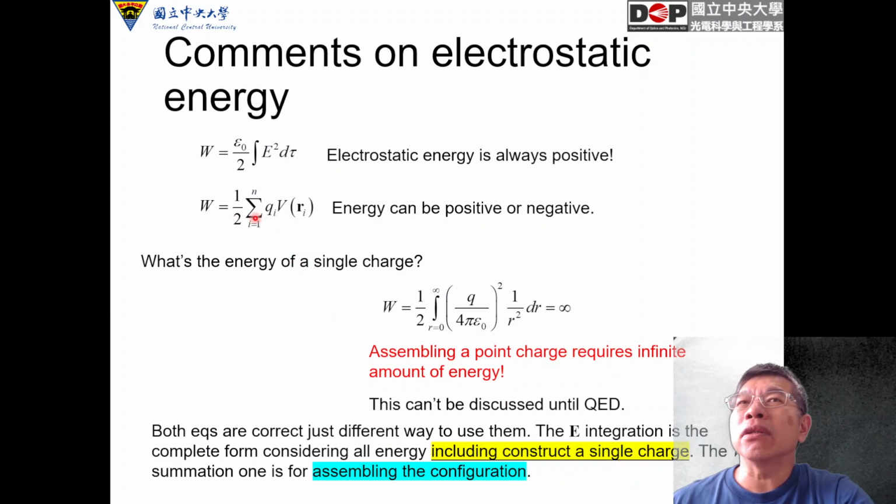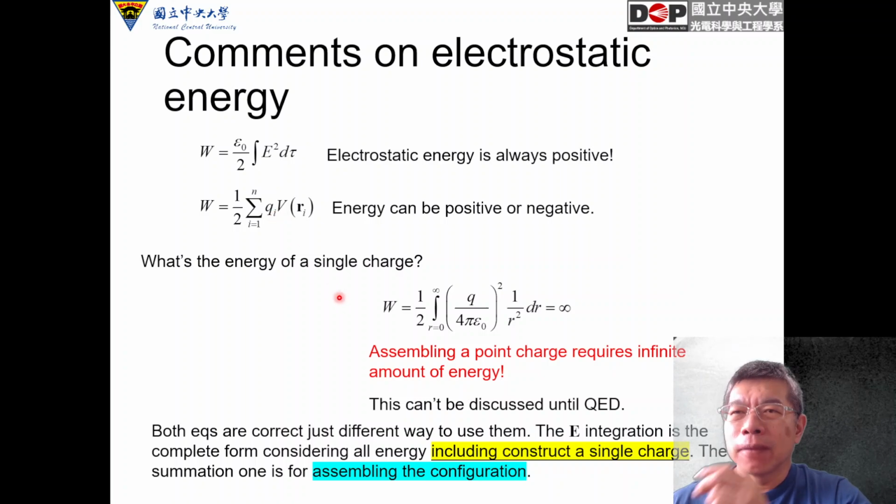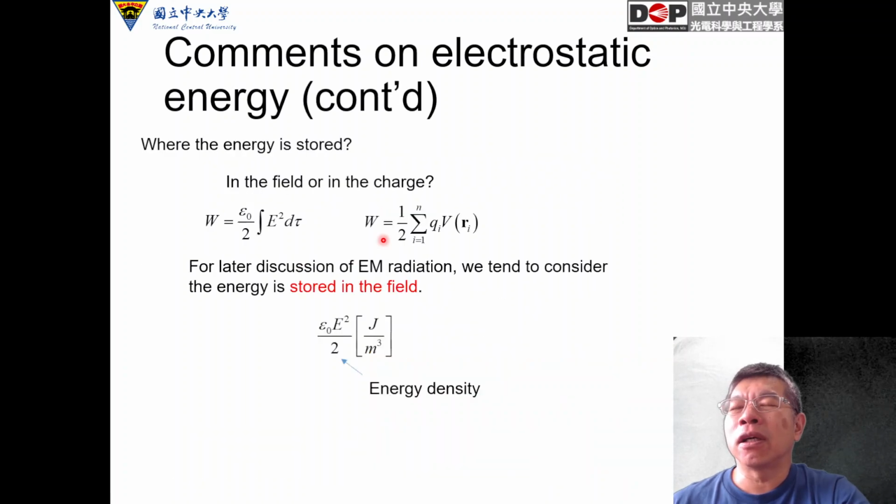Here we don't talk about how we put the charge together, but this one includes everything. When you use it, we have to be a little aware of what's happening, but it's not too much of a problem for classical use. We just consider that you already assembled the charge. You don't consider how much energy the charge itself has.